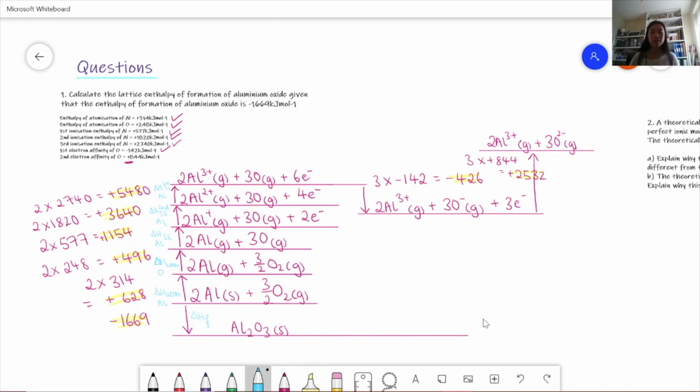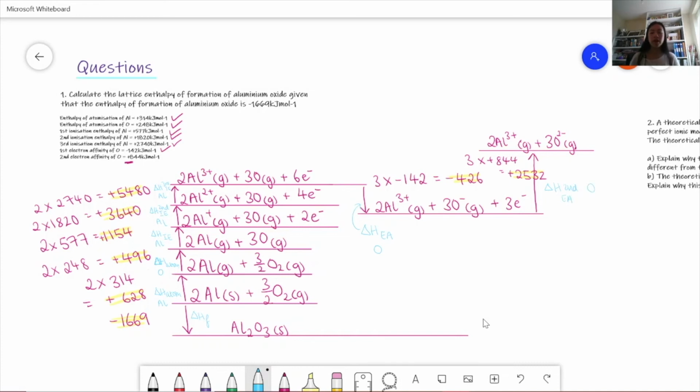And of course you can label these two as well. So we've got this delta H of the electron affinity of this oxygen, and then here we have the delta H of second electron affinity of oxygen.